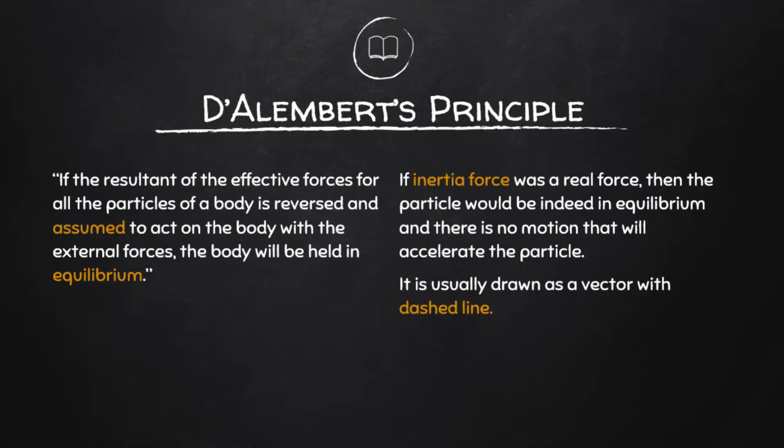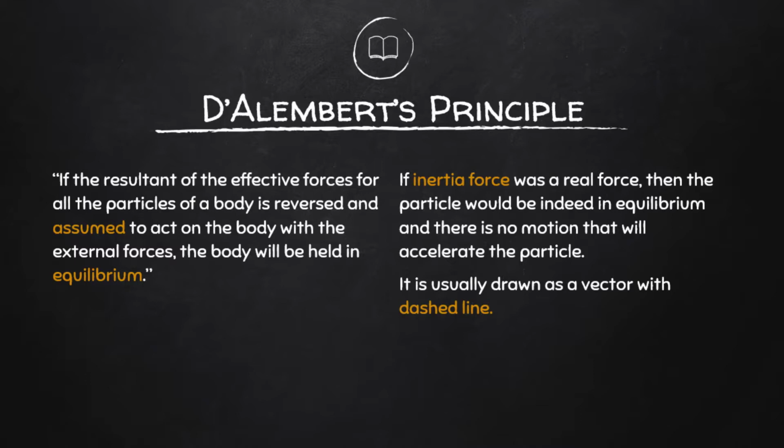Taking into consideration that a body, rigid or non-rigid, is composed of a collection of particles, the sum of impressed force applied to a certain body is equal to the sum of all effective force experienced by each of the particles of that body.